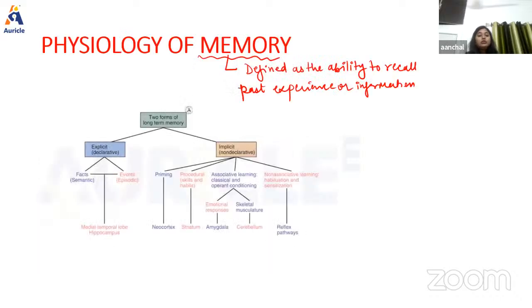So now we're going to learn about the physiological basis of memory. Whenever we talk about the physiological basis of memory, as we know, memory is stored in the brain by the alteration of synaptic transmission between the neurons involved in the memory.